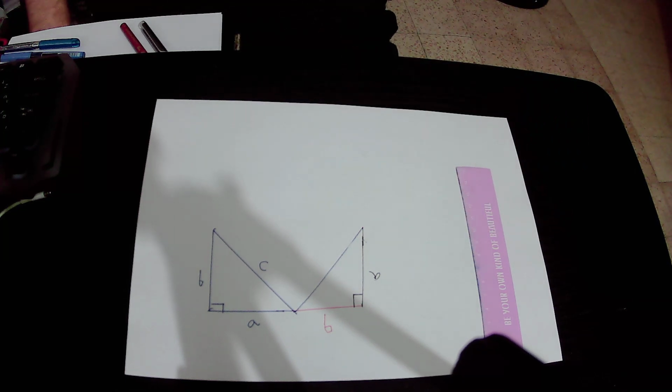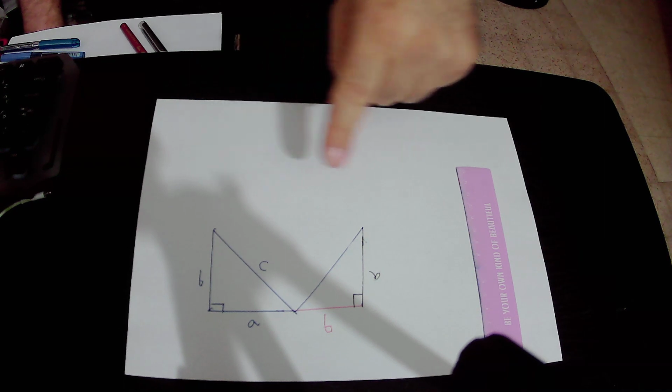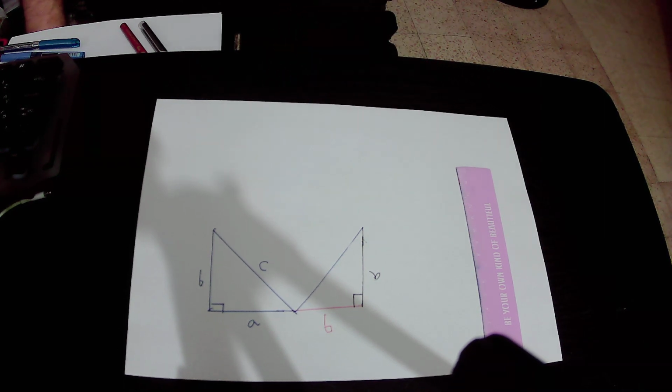So we have two triangles that are equal in two sides and also in the angle between those two sides. Therefore, those two triangles coincide with each other. That is to say, if you have two triangles that are equal in two sides and in the angle between those two sides, they coincide with each other.